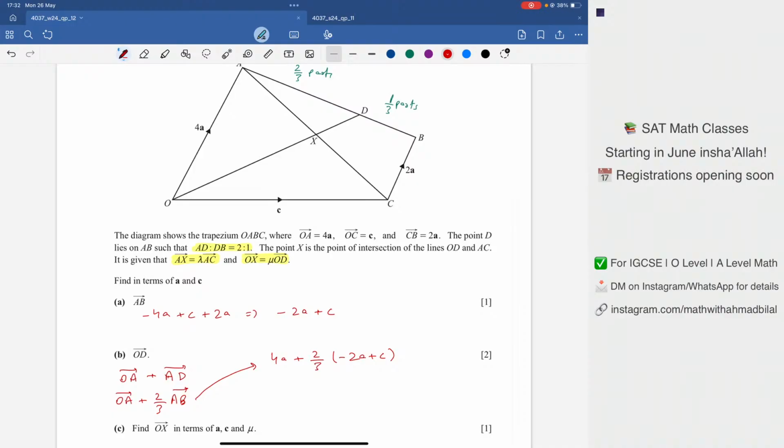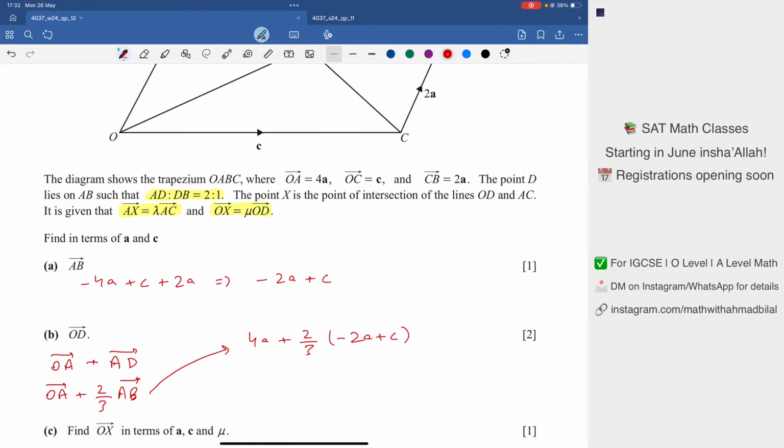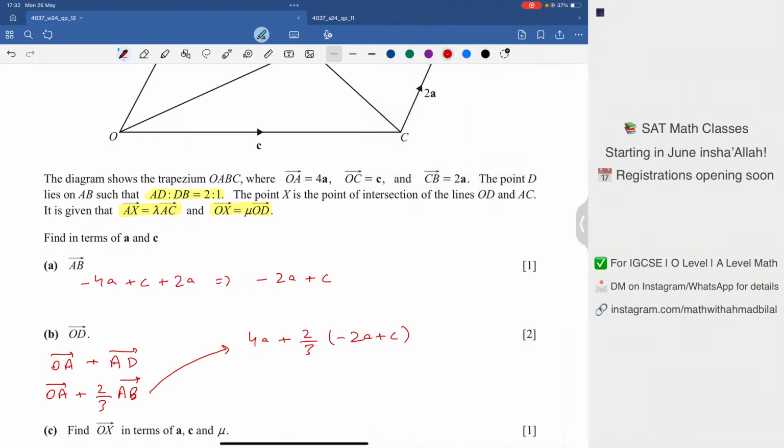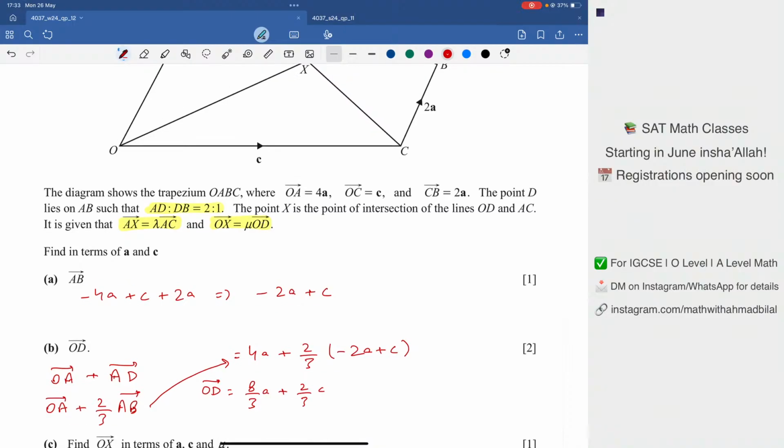You can see what that turns out to be. 4 minus 4/3 is 8/3. So we have 8/3 times A, and then plus 2/3 times C. That's the vector OD that we were looking for. Okay, that's the second vector.